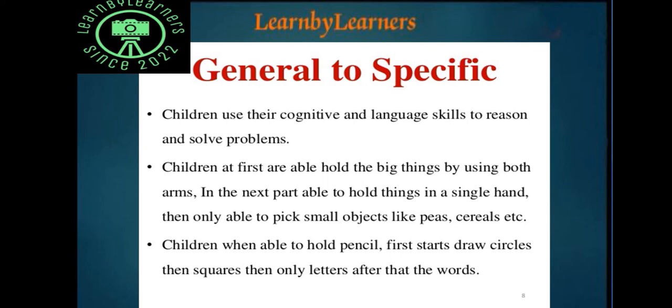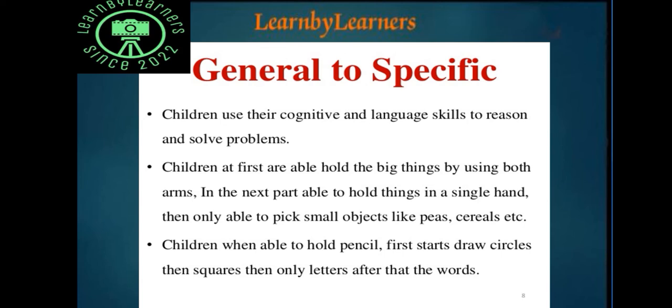When you give problems to solve, children use their cognitive ability, their mind, their reasoning, to solve that problem.